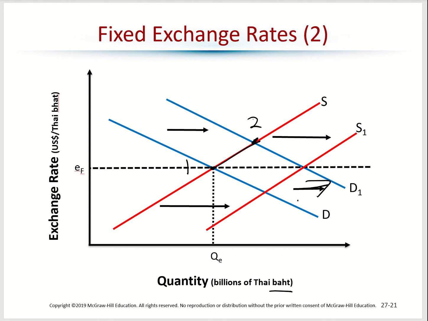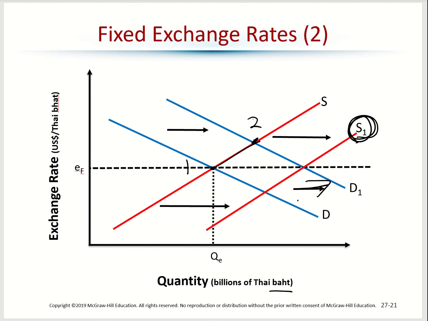But the Thai central bank doesn't want that to happen, because if you go to 0.2, even though it's a very high value for Thai currency, that will make everything produced in Thailand more expensive. So Thai companies actually lose competitiveness when compared to other countries, right? So what the Thai central bank decides to do is increase the supply of Thai baht, right?